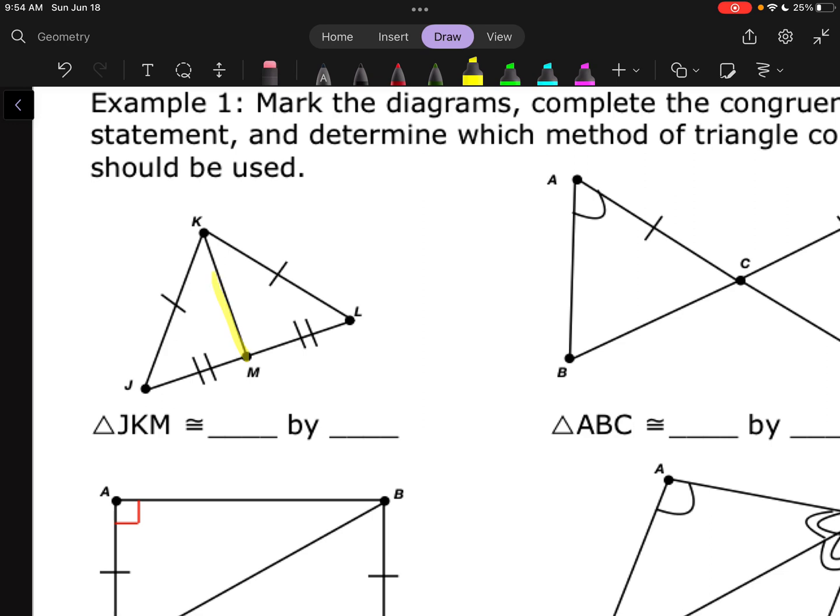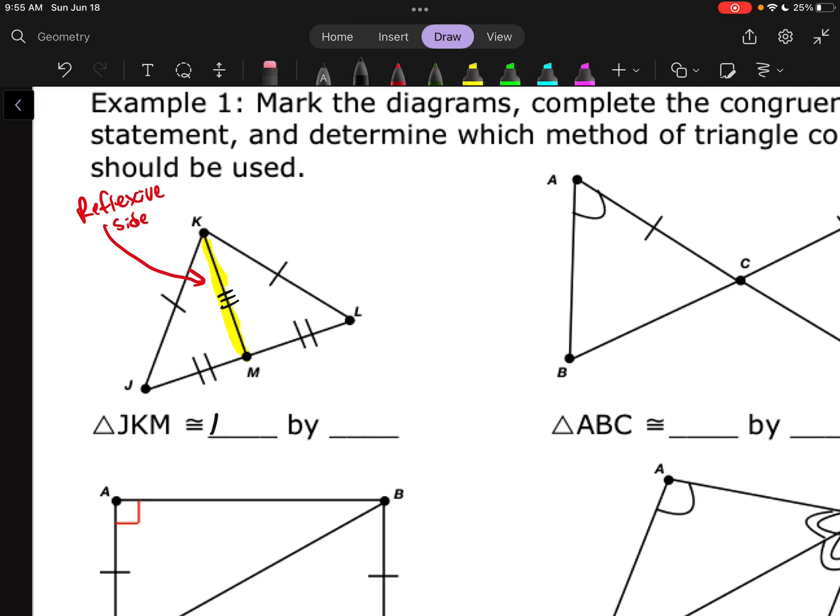But hopefully you recognize those triangles share this side in the middle. That is a reflexive side, right? So I'm going to make a note. That's a reflexive side. We get to mark that. That gives us our 3 things that are marked.